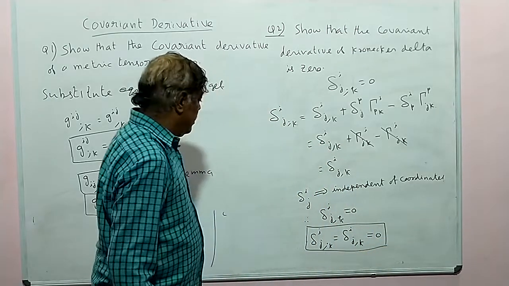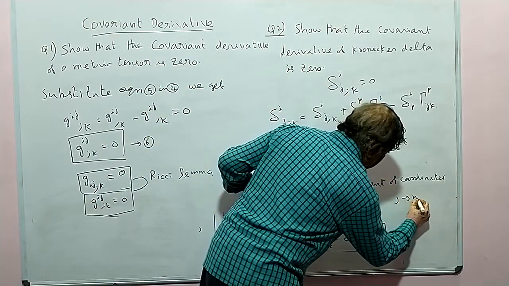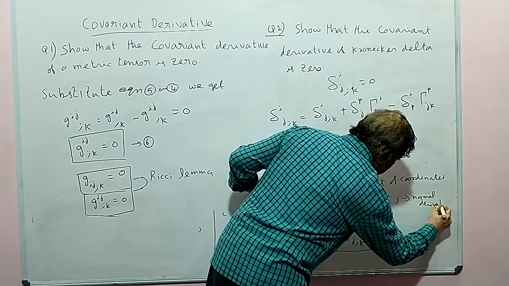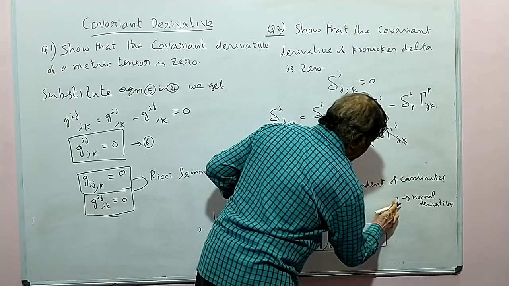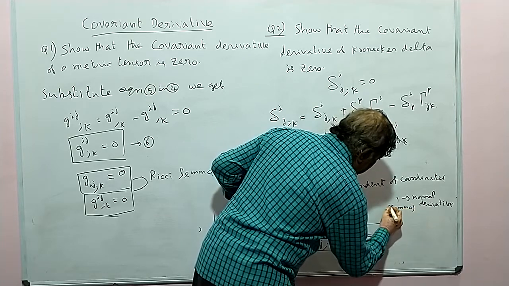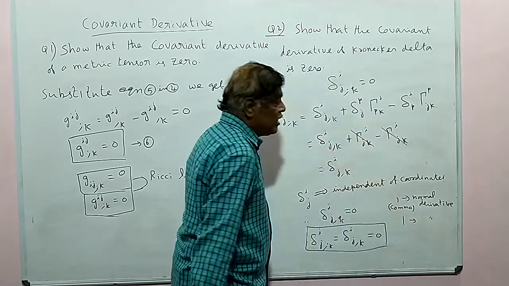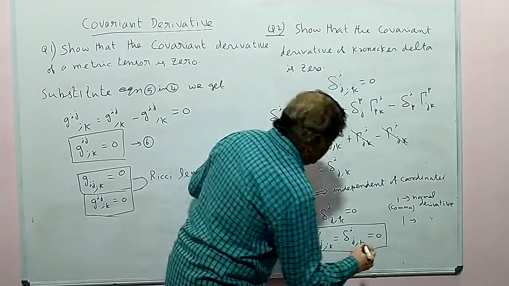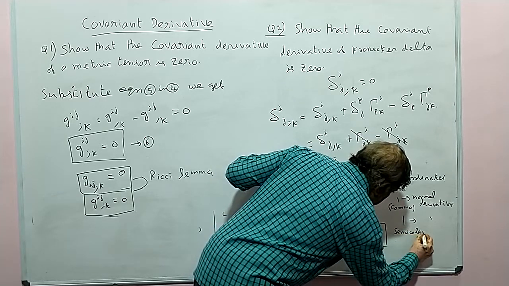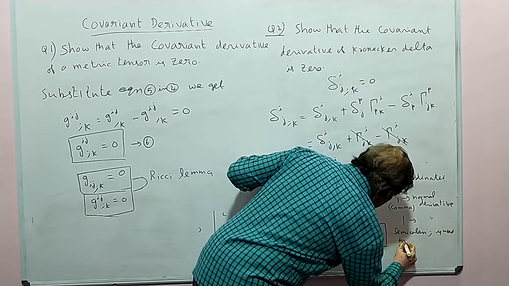Now here usually we are using comma for normal derivative. This is a comma. Some others use a single vertical bar for normal derivative, and a semicolon is used for covariant derivative.